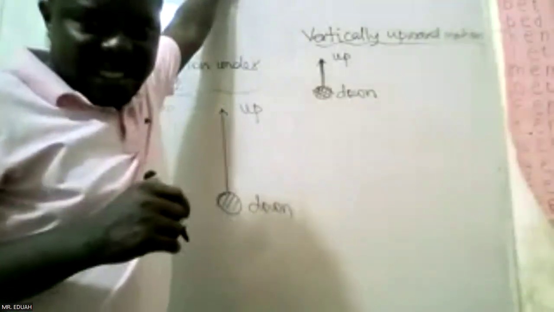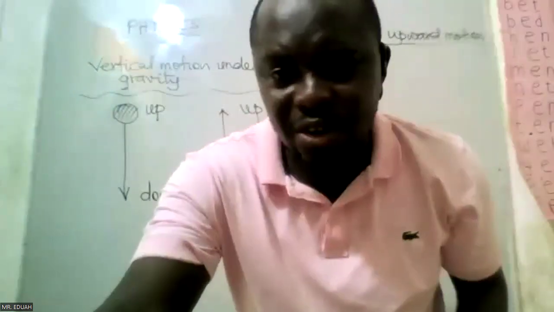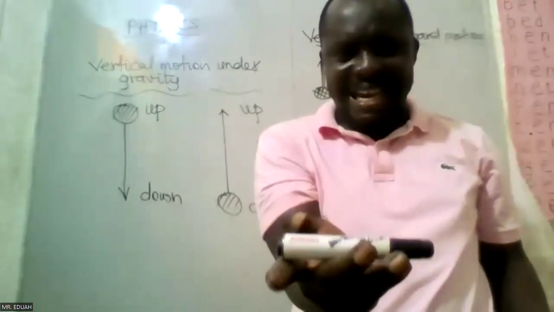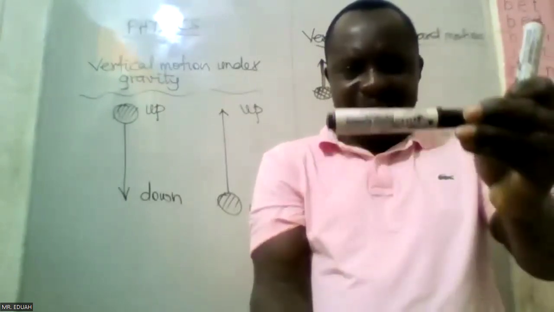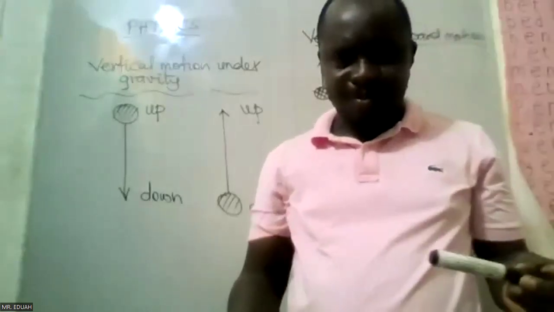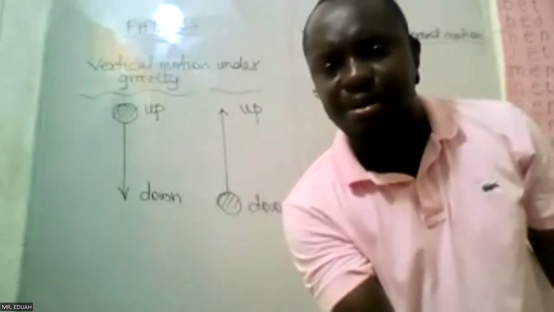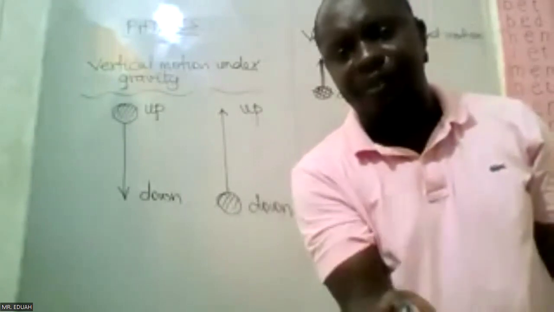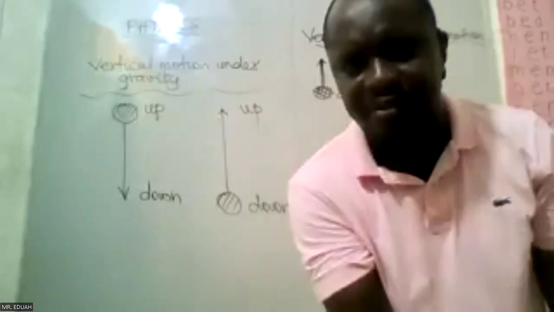Before an object can be thrown up, the object by itself cannot go up. I can hold this and then by magic, this object is going up, being levitated. No. Before it can go up, an external force must act on it. So there must be a force. The force gives the object a certain initial velocity.